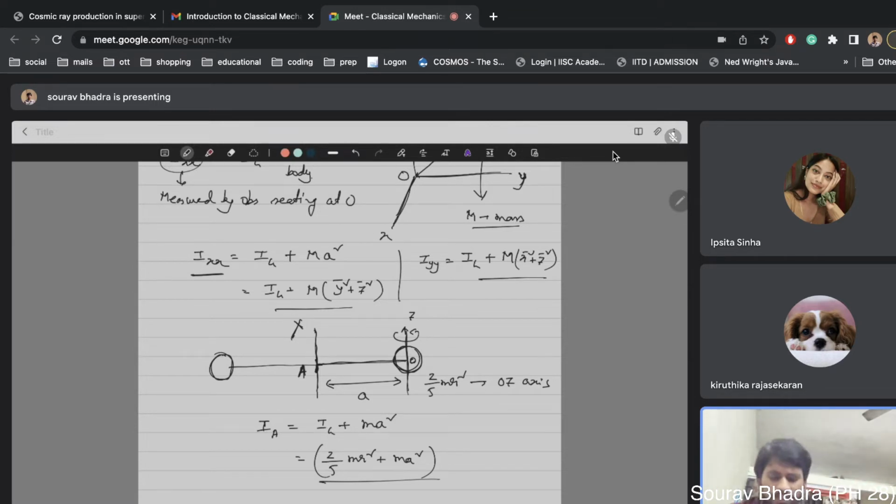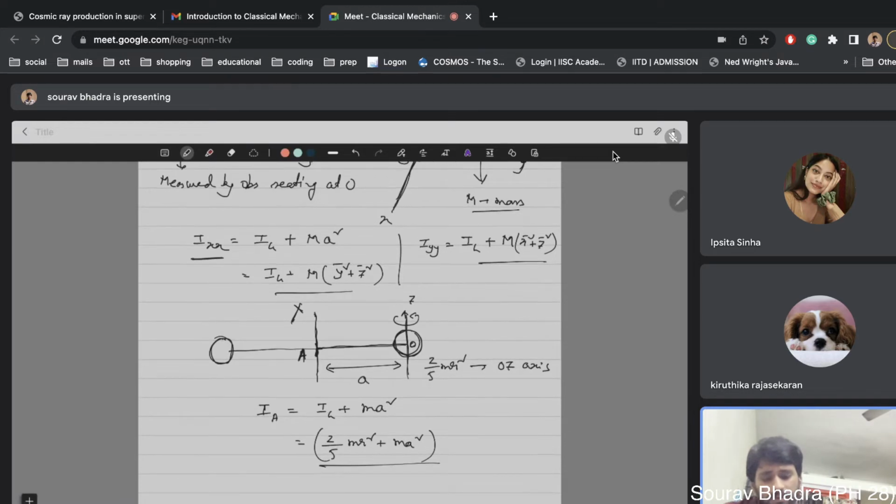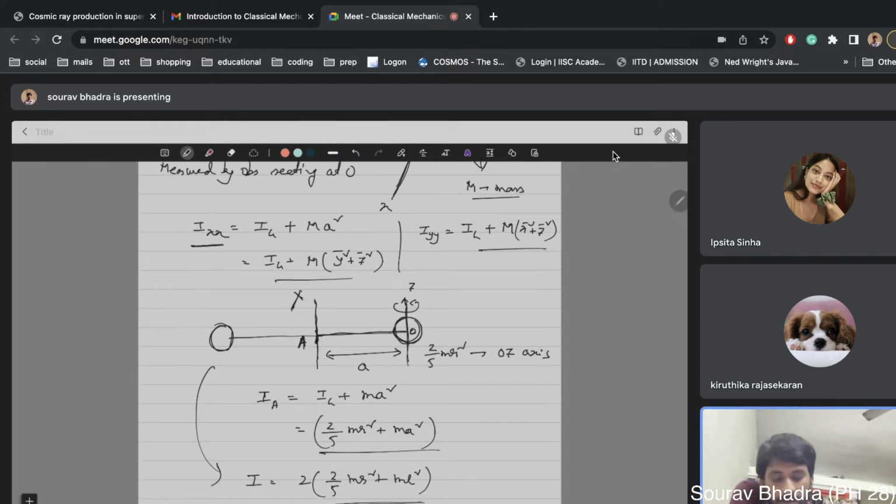So our a is actually L in that problem, and in that case you can calculate the moment of inertia of the system as a sum of two different balls. If it is 2/5 m r square plus m a square for one ball, then for two balls it will be nothing but 2/5 m r square plus m a square, where instead of a I am writing m L square. Okay, so it was in your option, you can also check that your moment of inertia will be this one.